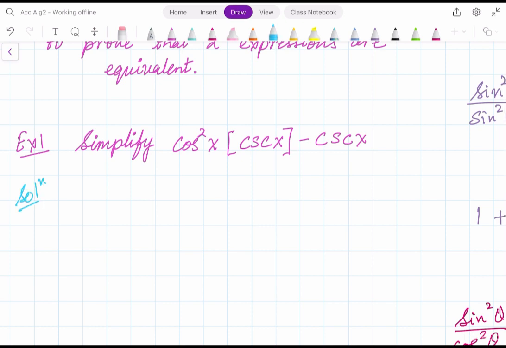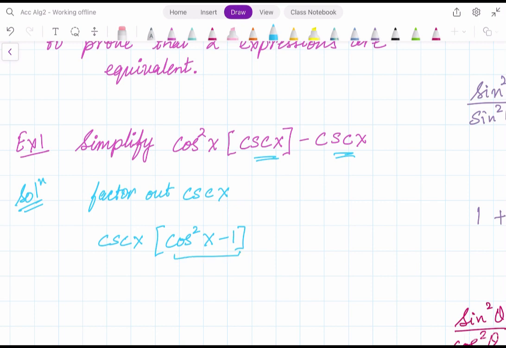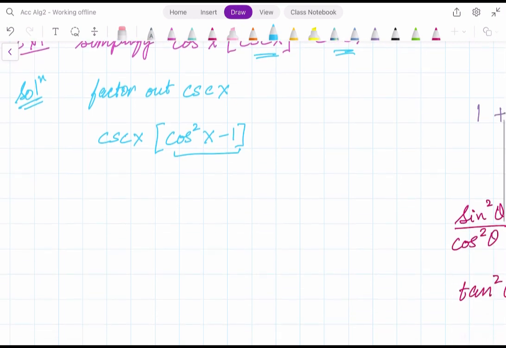In this particular example, we have cos squared x times cosecant x minus cosecant x. We can see cosecant x is common. Can I factor out cosecant x? So let's factor it out. We will be left with cos squared x minus 1. And this is one of the identities that we derived earlier.